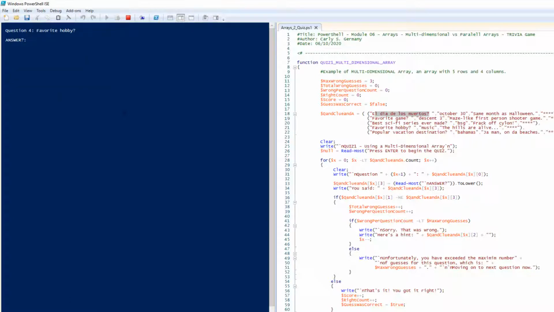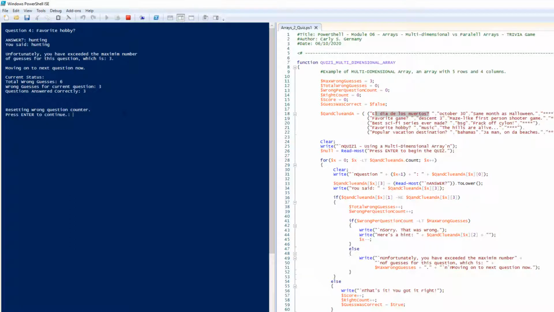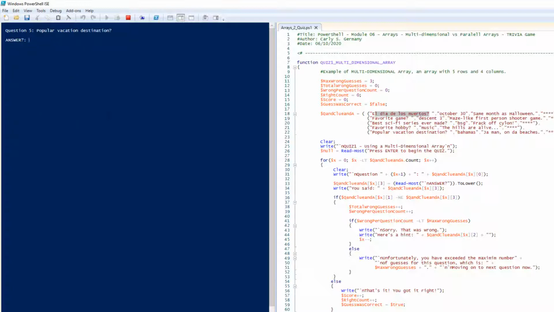Fishing. All right. And I'll say hunting. All right. So in this case, my current status total wrong guesses is 6. Wrong guesses for current question is 3. Resetting wrong question counter. Why? Because I didn't guess that one. So I've got to roll on to question 5.